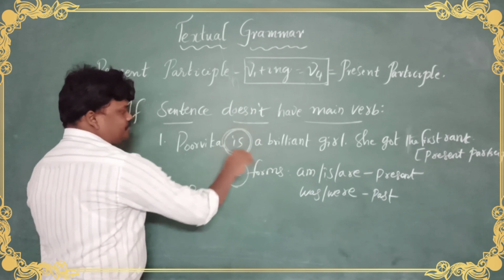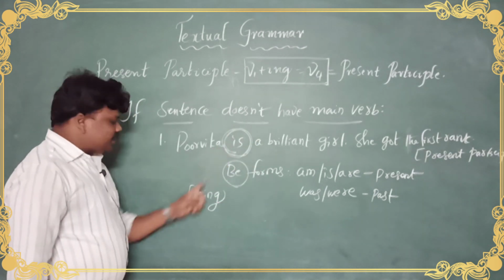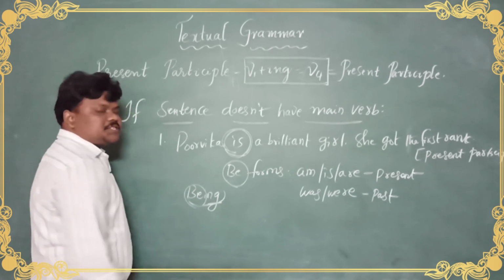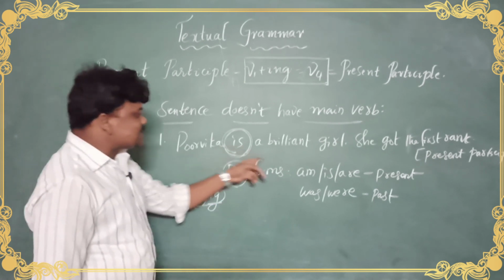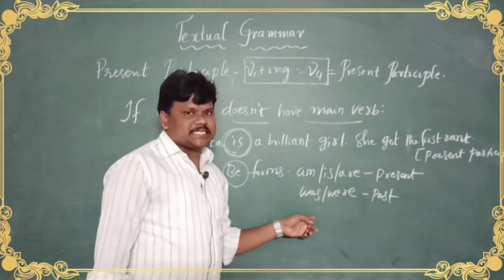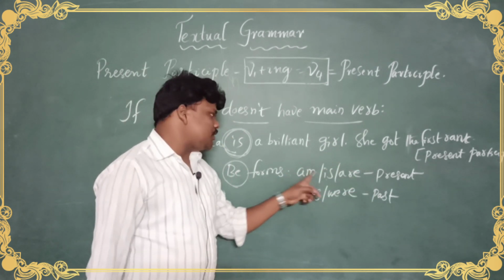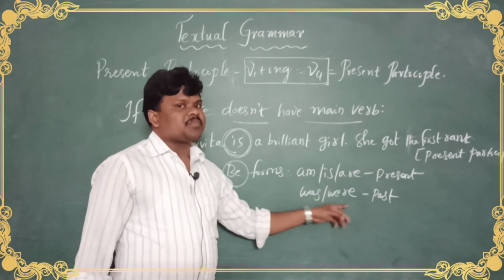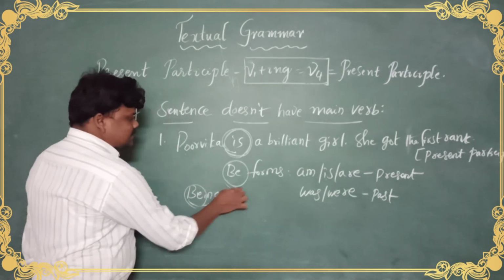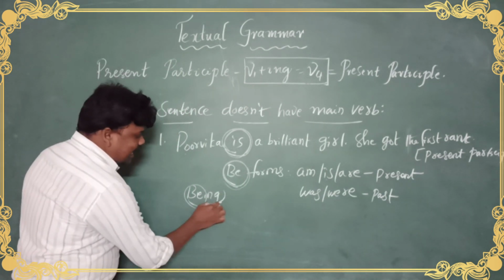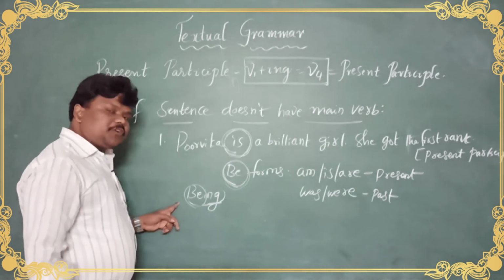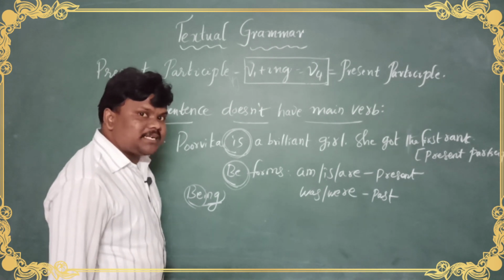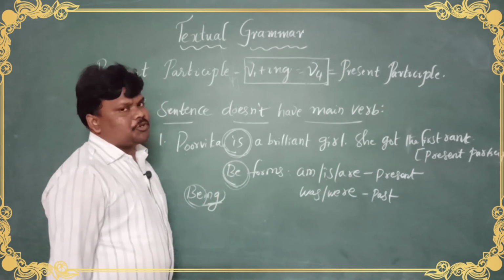As it is a B form, write the B and add ing to it. As it is not possible to add ing, amming, no easing, no aring, vice versa, no wasing, no worrying, in this case, as these are B forms, just add ing to the B, which we will get a new word which is called being. What is the new word here, my dears? Being. Being is a new word.